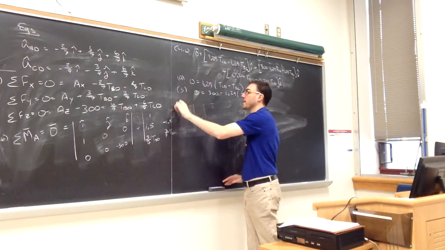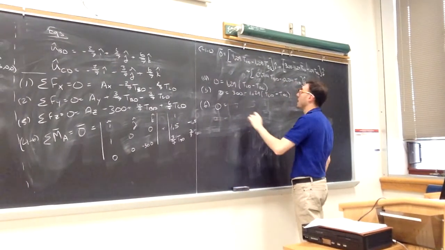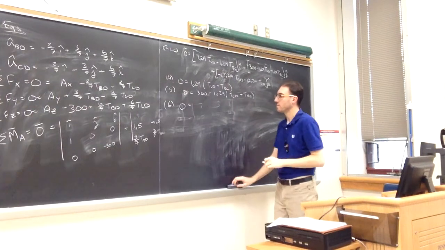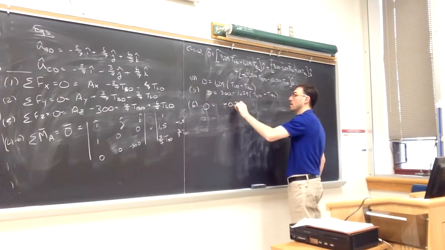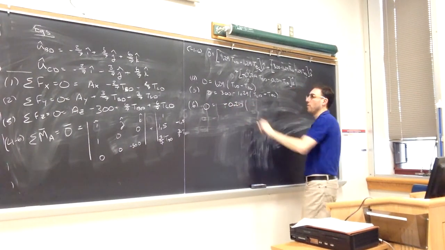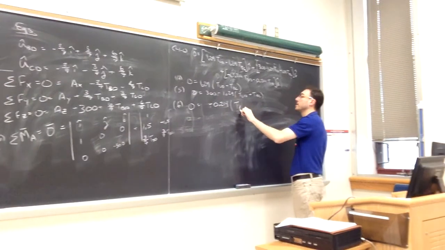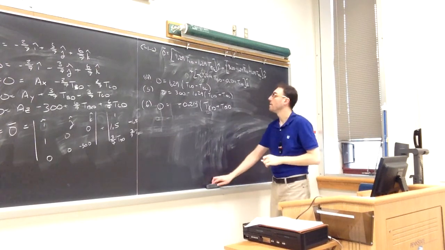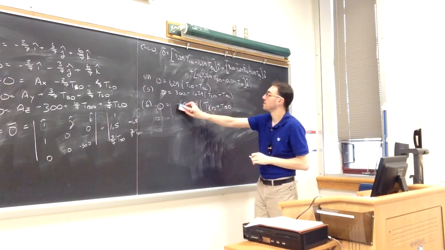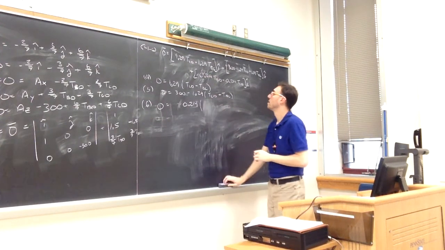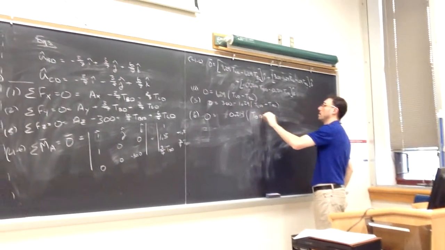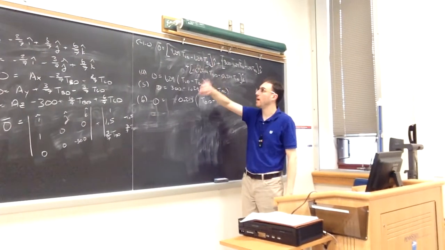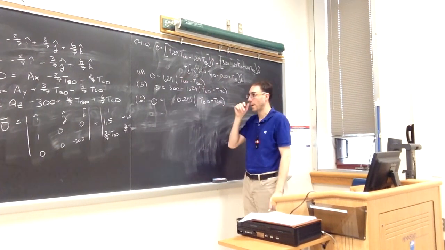And my equation 6, I'll get 0 equals, I can pull out the 0.214, TCD minus TBD. Right, separating them out, so pulling off the coefficients, making these scalar equations.